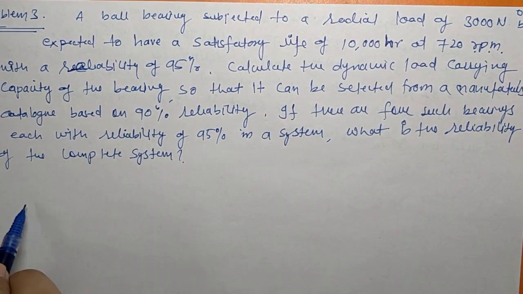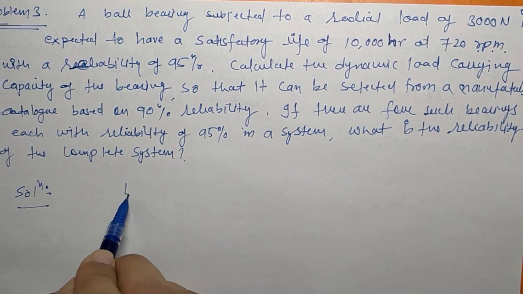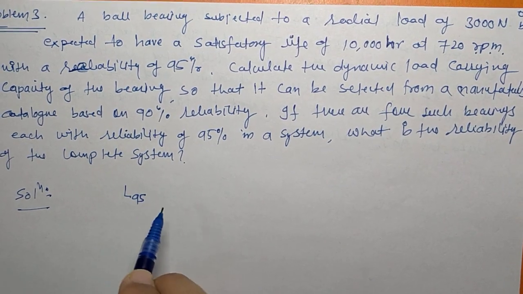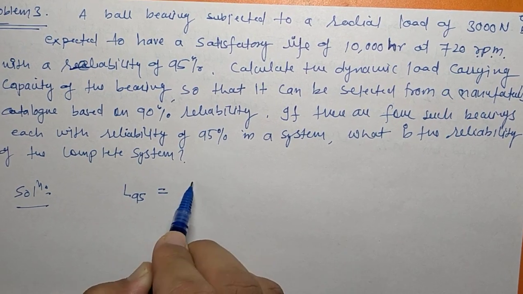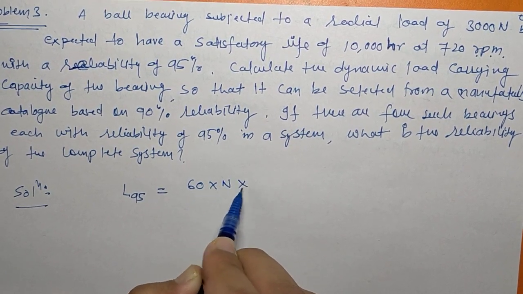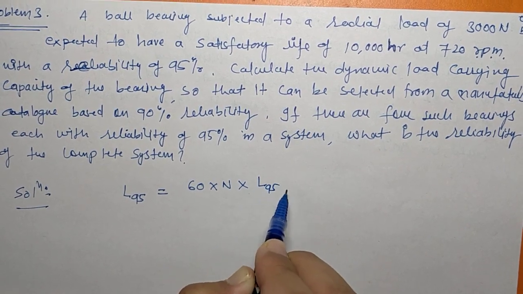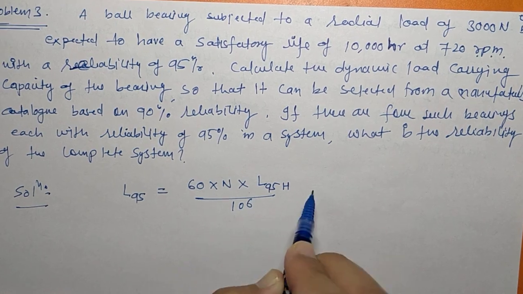To start with, L95 is equal to 60 multiplied by n, multiplied by L95 life in hours, divided by 10 raised to power 6.